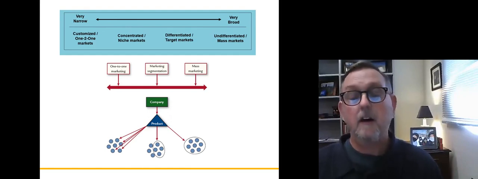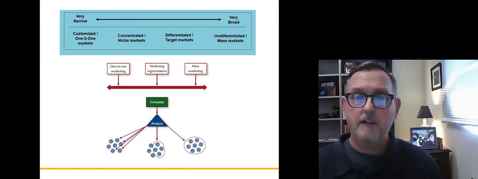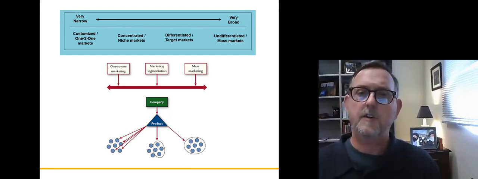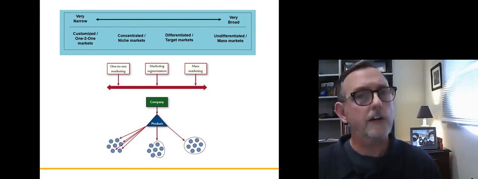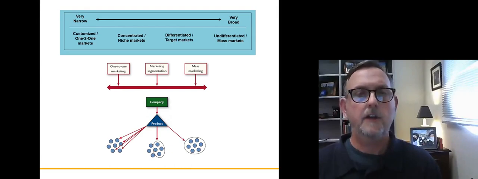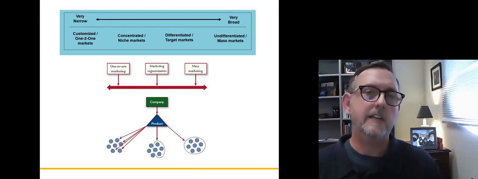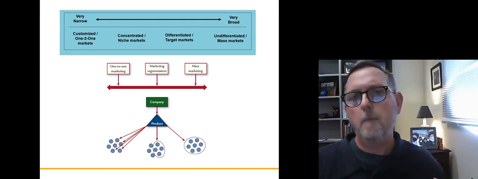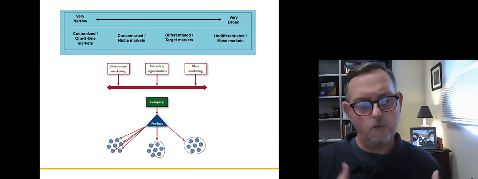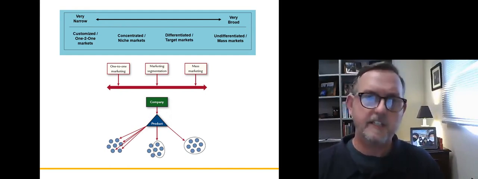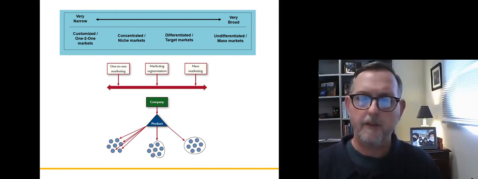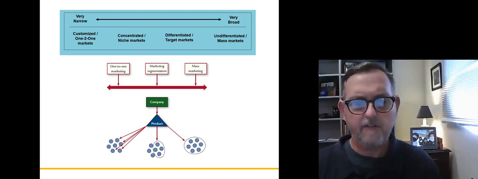So you'll hear these terms called mass marketing, undifferentiated marketing. Somewhere between the 2 extremes, you have differentiated or target markets. You might also hear something called a niche market or a concentrated market. And then finally, micro marketing happens when it's a one-to-one experience that you have with each customer.